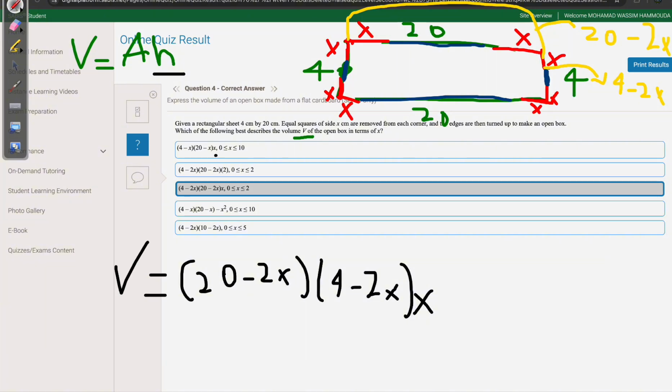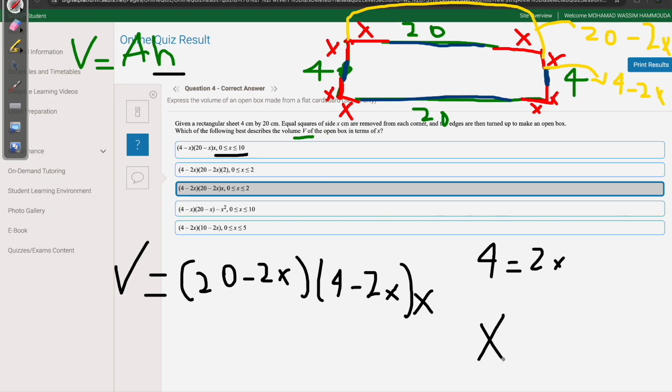Now for the condition, this is the easier part of the question. We're just gonna take what makes the smaller one equal to 0, and it will always be greater than or equal to 0. So 4 is equal to 2x, x is 2.